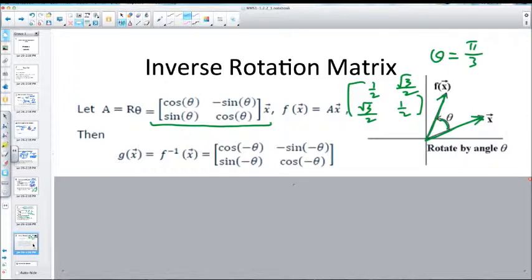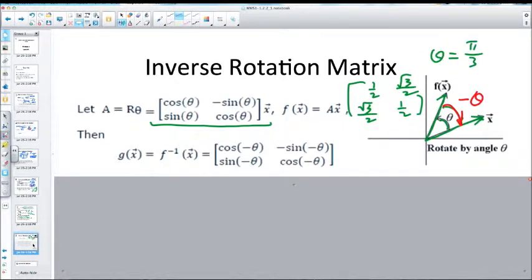So how do you undo this rotation? In other words, how do you get the inverse transformation? Of course, you don't need math. You just rotate it back. What does rotate it back mean? You rotate clockwise, or say rotate by negative theta.